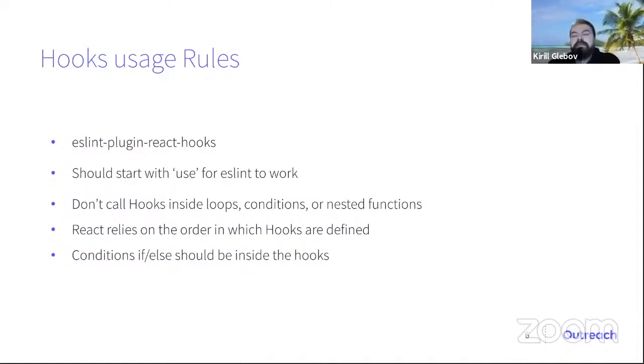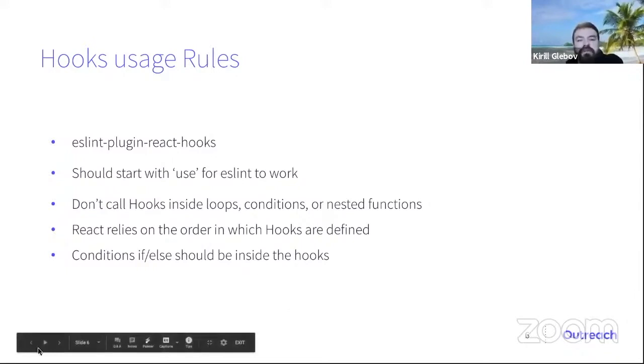And these are actually the two main rules of hooks. To summarize, don't call hooks inside loops, conditions, or nested functions, because remember, React depends on their order. If you need to use an if statement or condition, that should be done within a hook. Okay, I think that's it for this slide.